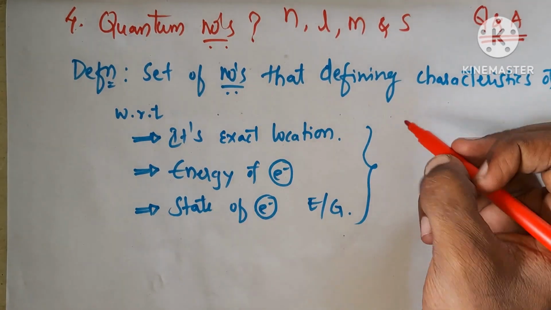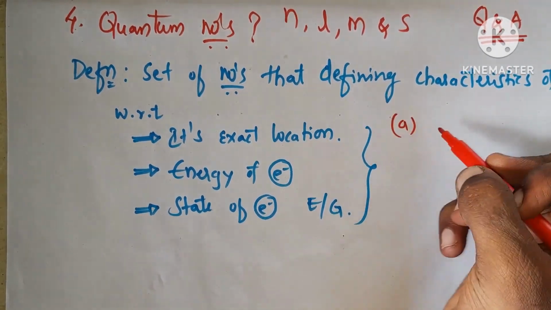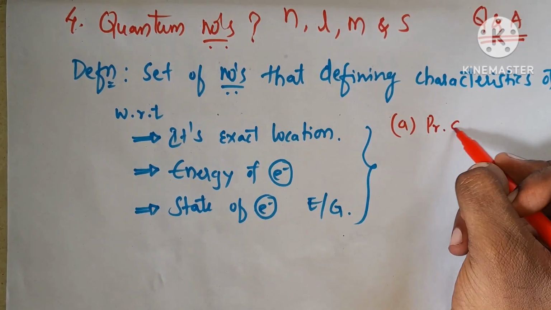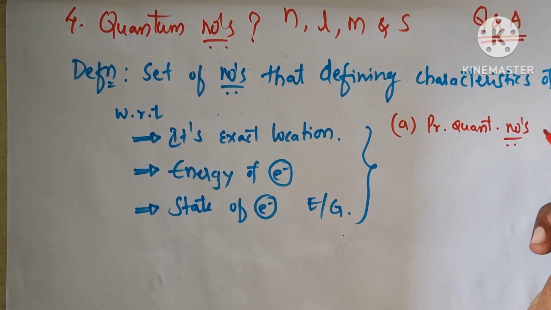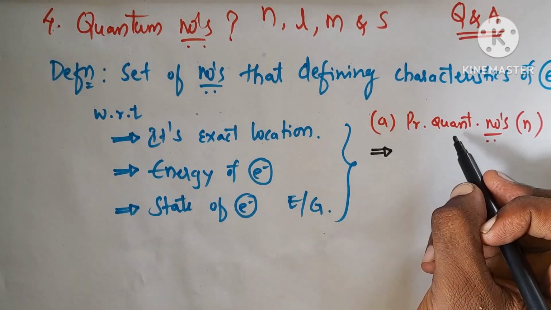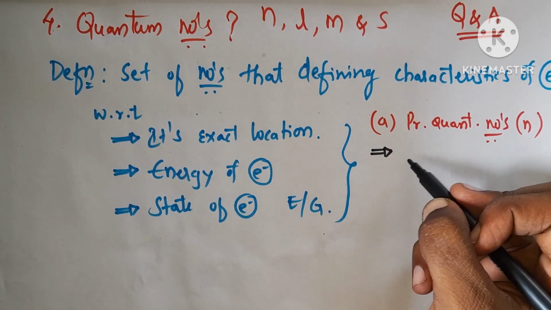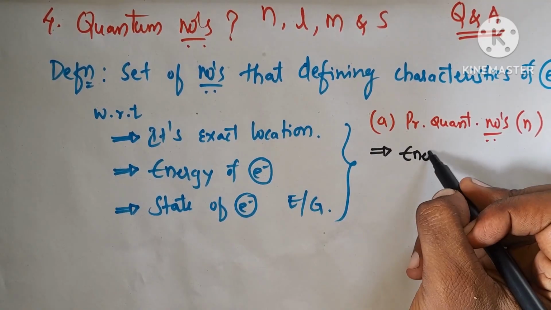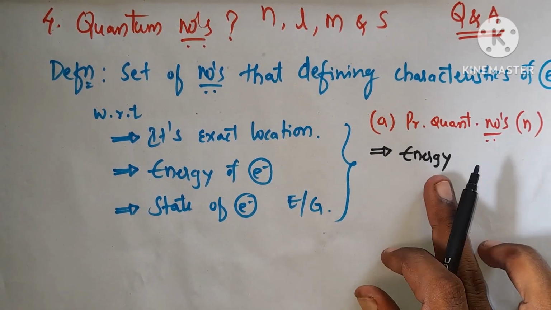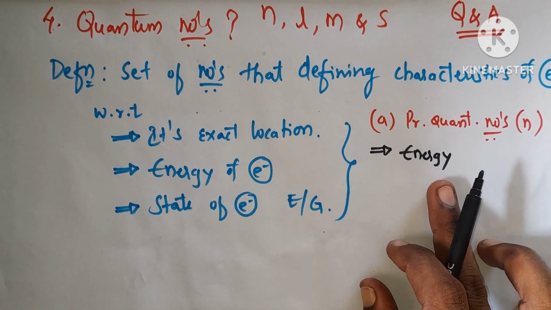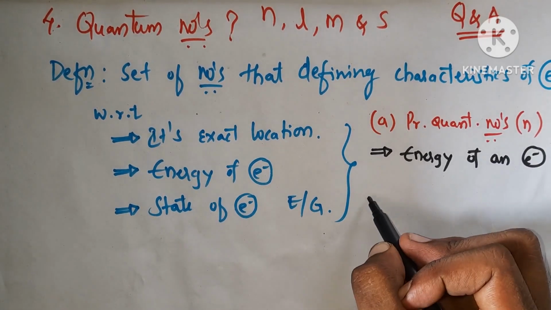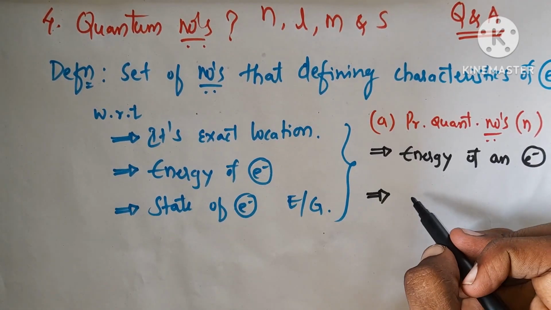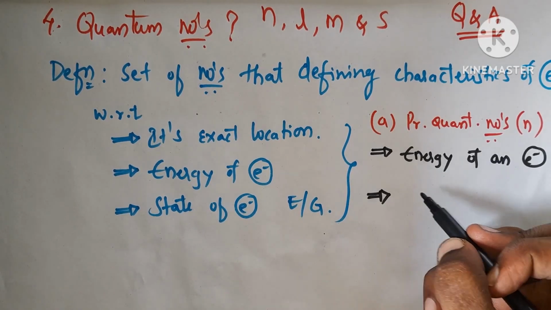So here for the discussion of the significance of the principal quantum number, it is denoted by the letter N. This principal quantum number is mainly related with energy levels. So the main significance that the principal quantum number gives is the energy of an electron. Next, it also gives an idea about orbitals.